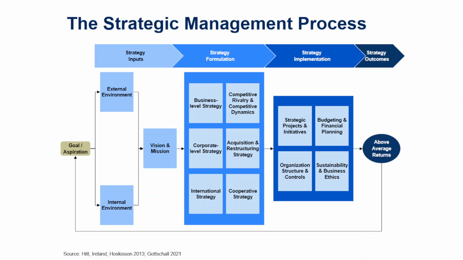Of course, we need to talk about budgeting and the financial planning, because all of our strategies have an impact on the finances of the company. And finally, more and more important nowadays becomes the aspect of sustainability and business ethics. So making sure that our strategy is also in line with our long-term sustainable goals and based on proper ethical principles.